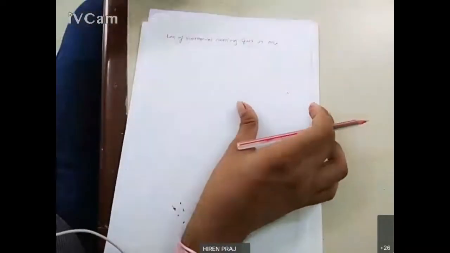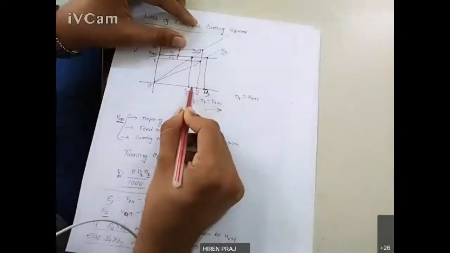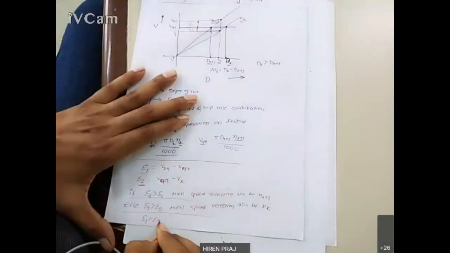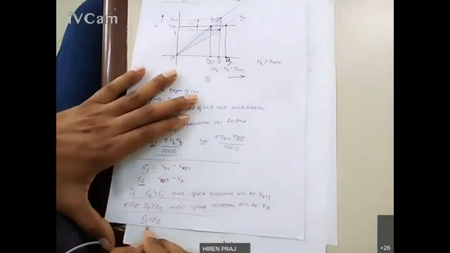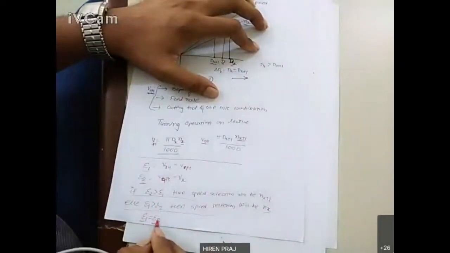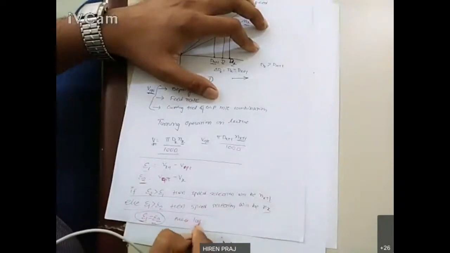Loss is maximum when this D is exactly the mean of these two, or we can say the third condition, if sigma 1 is equal to sigma 2, then in both cases, whether you run at nx plus 1 or at nx, you get the same loss, and that is the maximum loss condition.